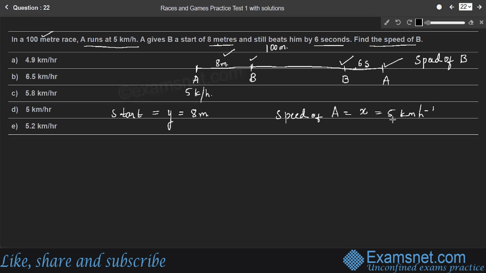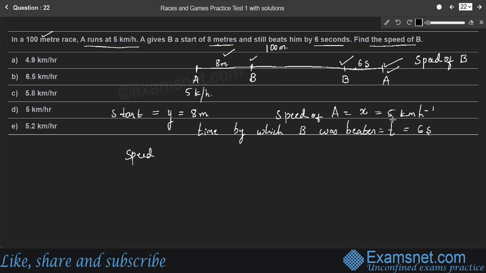And before B reaches the destination, A reaches the destination and A beats B by 6 seconds. So the time by which B was beaten, the second person, we'll take as T. Here T is 6 seconds. Here we need to find the speed of B.